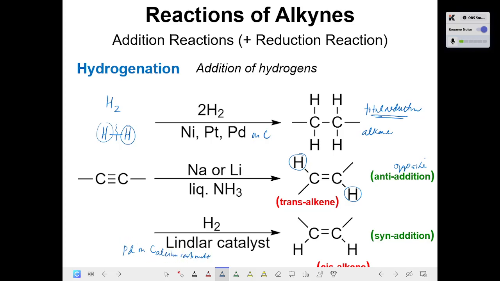Palladium on calcium carbonate. So, what will happen naman is, we call that your cis alkene. So, yung addition ng H natin is yung syn. When you say syn, this is same. Same side of the double bond. So, anong pangalan ng ating alkene dito? This is a cis alkene kasi nga on the same side siya.